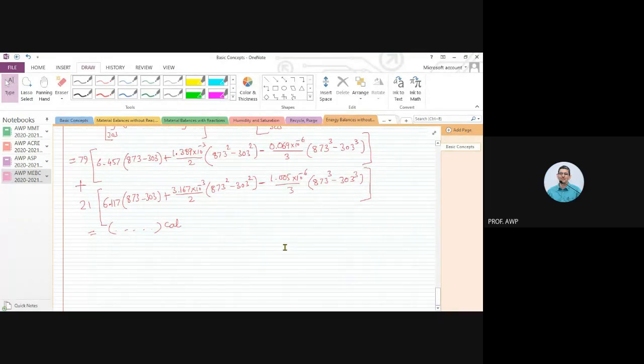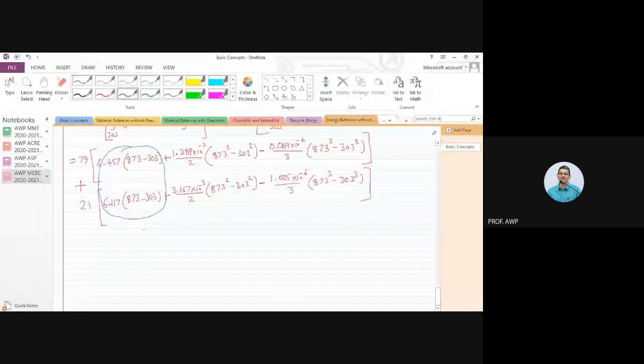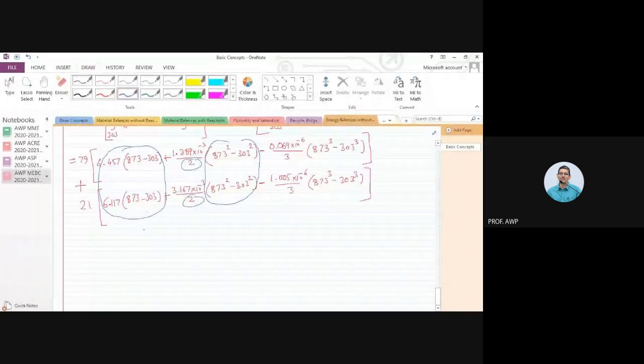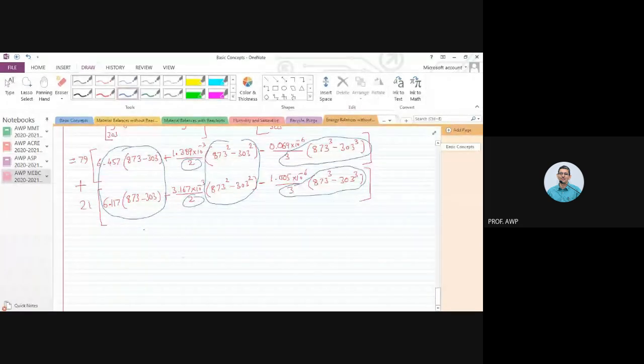What you are doing is, from here you are taking out 873 minus 303 common, here you are taking out 873 square minus 303 square divided by 2 common, and here you are taking 873 cube minus 303 cube divided by 3 as common.